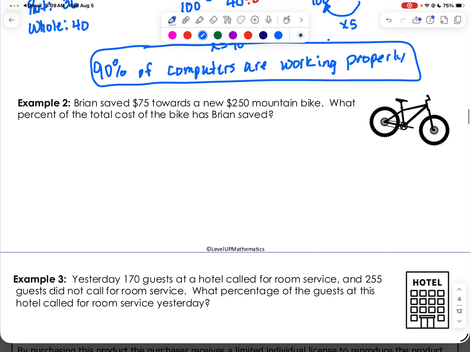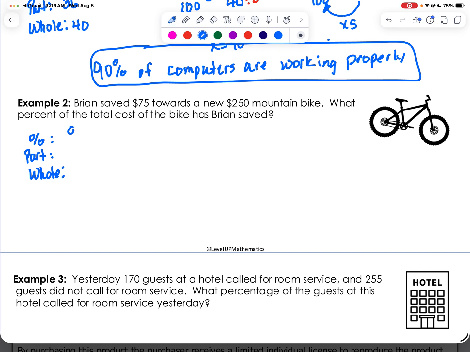All right, example 2. Brian saved $75 towards a new $250 mountain bike. What percent of the total cost of the bike has Brian saved? So we're going to identify our percent, our part, and our whole.